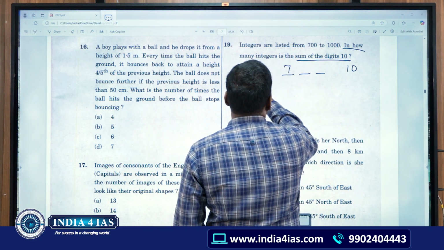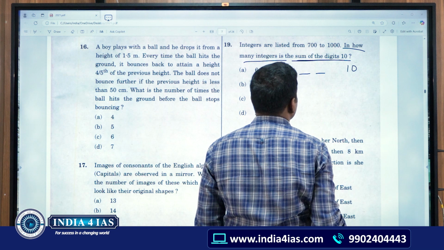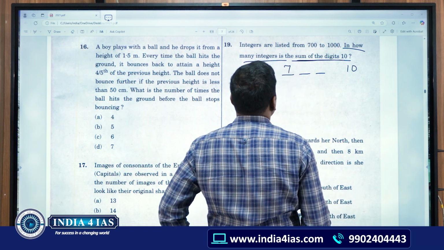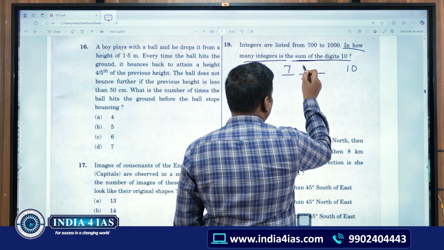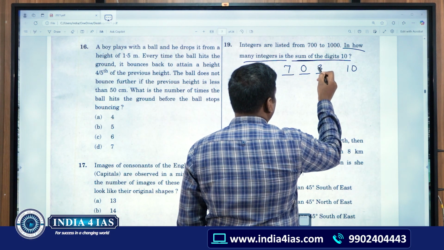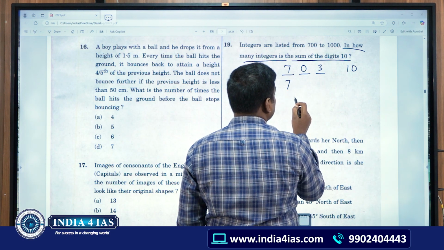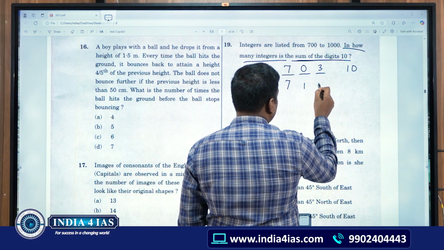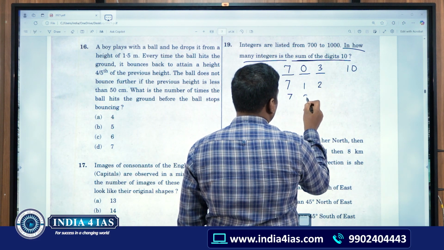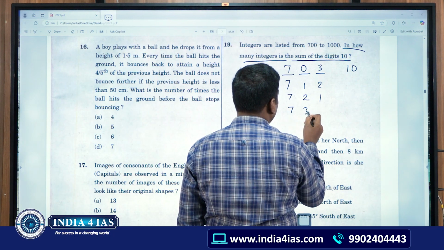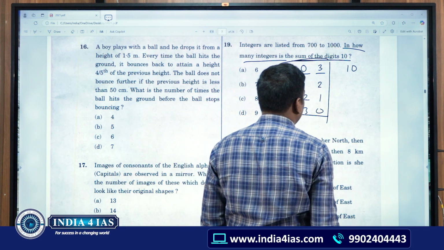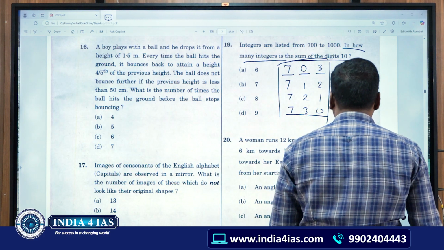So if I want 10, then I will start with 7, 0, 3, then 7, 1, 2, then 7, 2, 1, then 7, 3, 0. So when I start with 7, there are 4 numbers which will give the sum of the digits as 10.